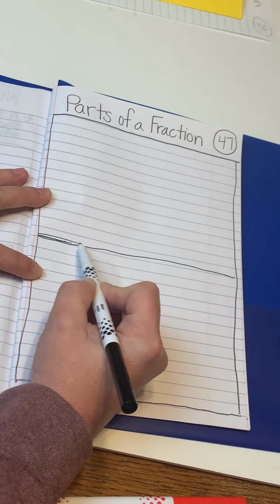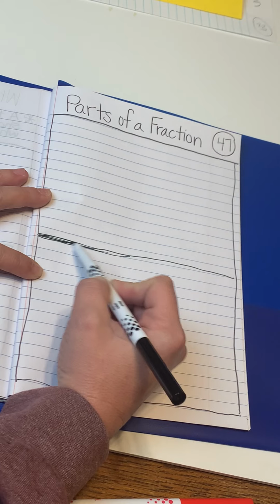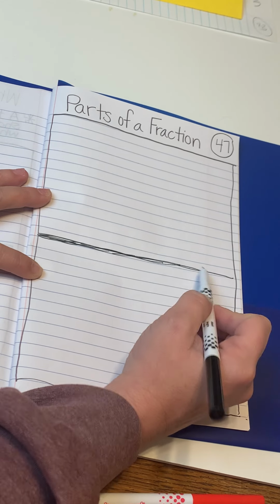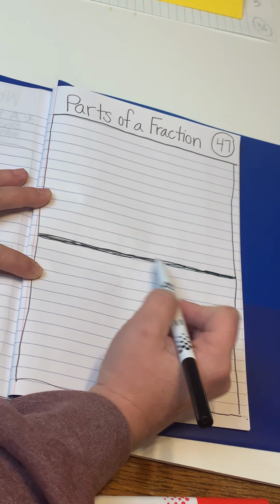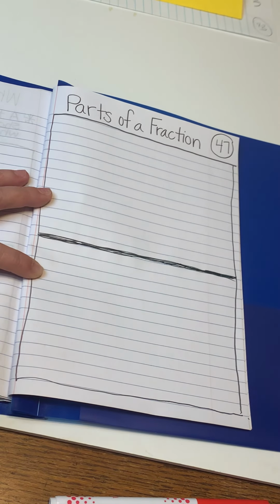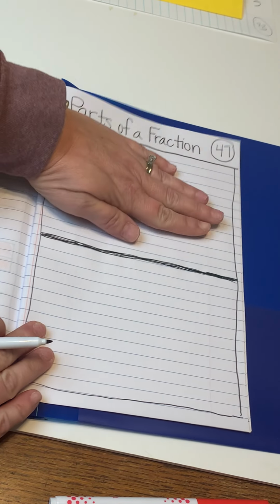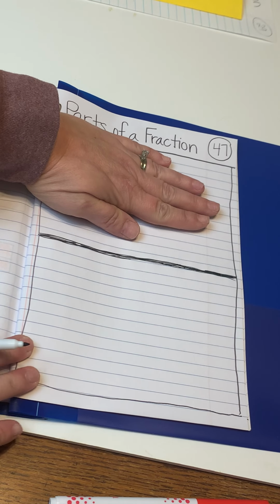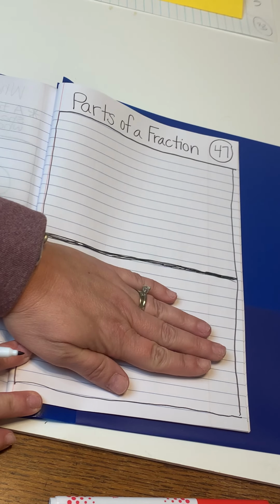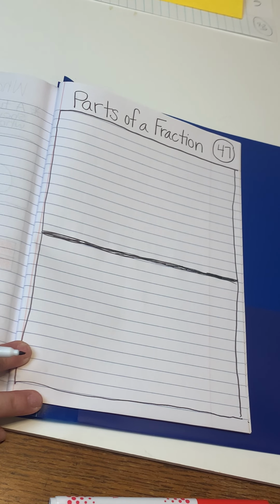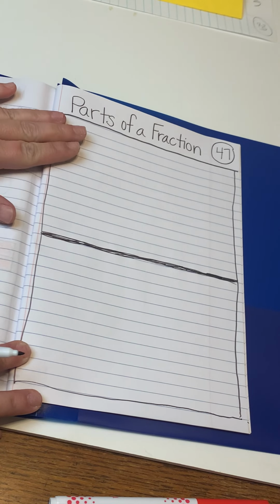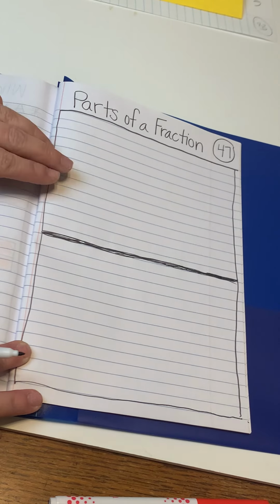All right, so we are going to split our block in half. And if you will, go ahead and go over your line a couple of times because we want this to kind of be like the line that you would see in a fraction. So this would be the top of the fraction, which is the numerator, and this would be the bottom of the fraction, which is the denominator. All right, so we're going to split our top half into 3 spaces.